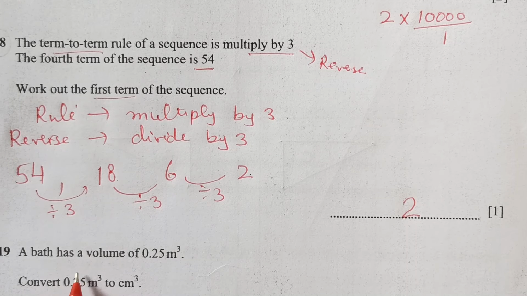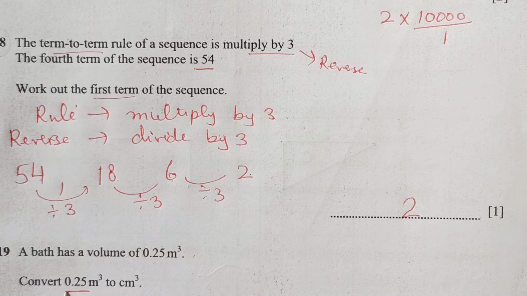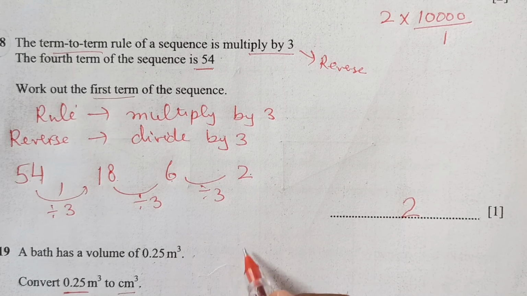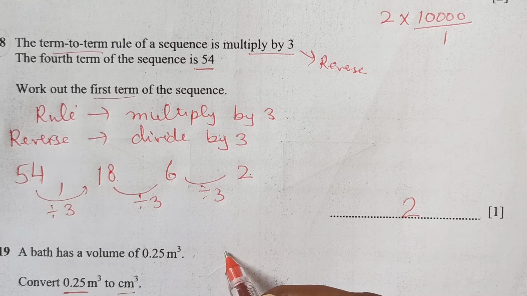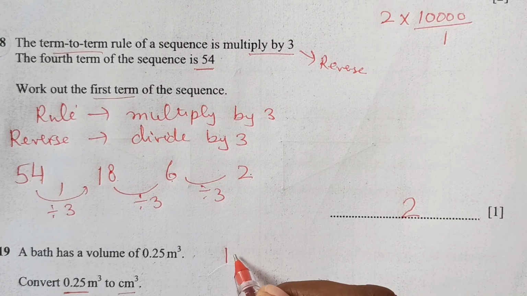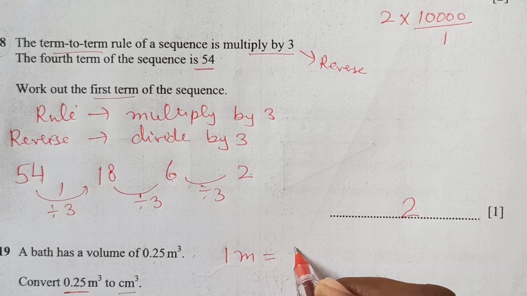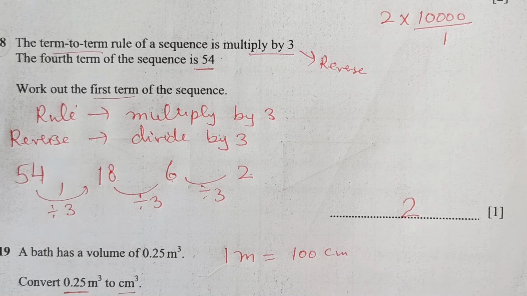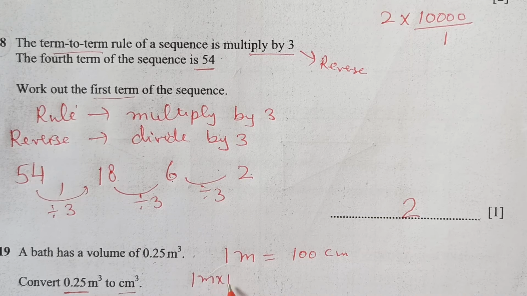Now a bath has a volume of 0.25 meter cubed. Convert this to centimeter cubed. As I told you before in the previous question we just did. So 1 meter is equal to 100 centimeters, right? So 1 meter cubed means we are multiplying this 3 times, right?